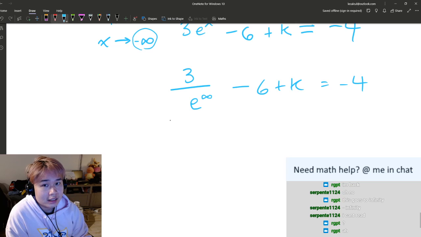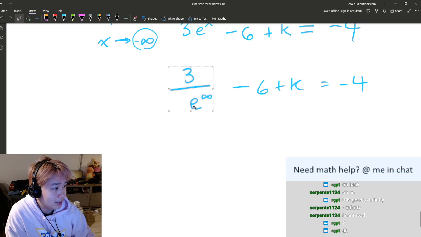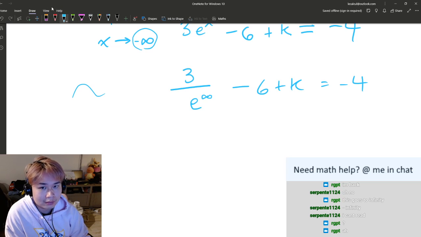Okay. And then we talked about this. A very large number in a denominator means that this is very, very close to 0. Essentially, this whole thing is 0.